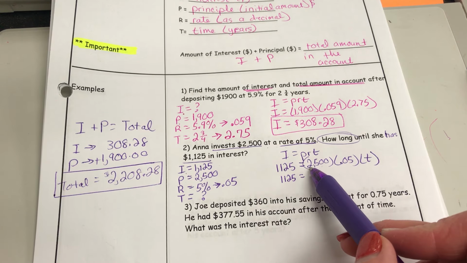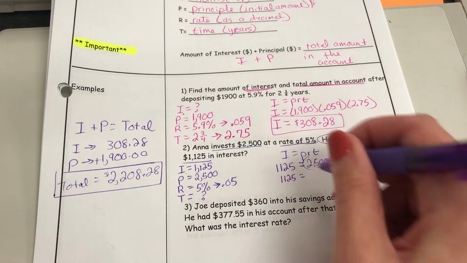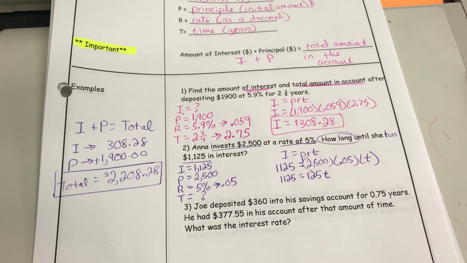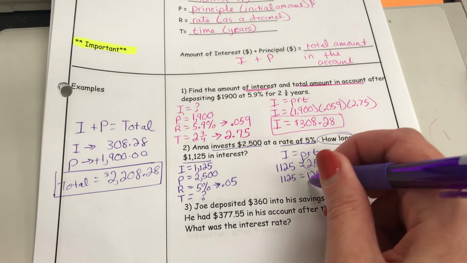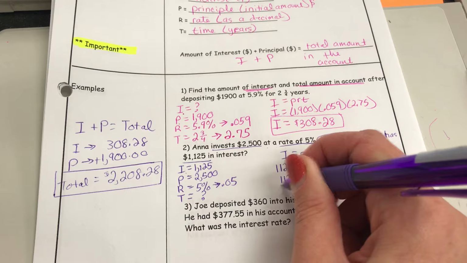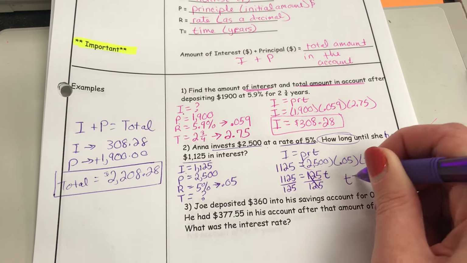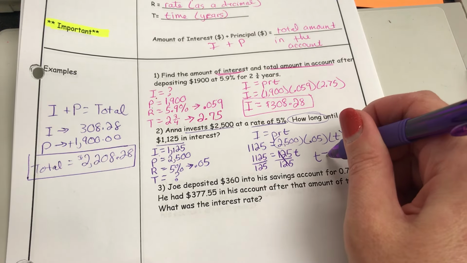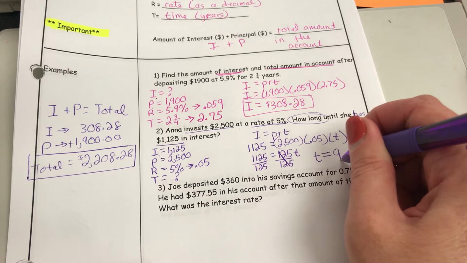So what is 2,500 times 0.05? 125 times T. Now, how do I isolate T? Divide by 125. So T is what? 9 what?